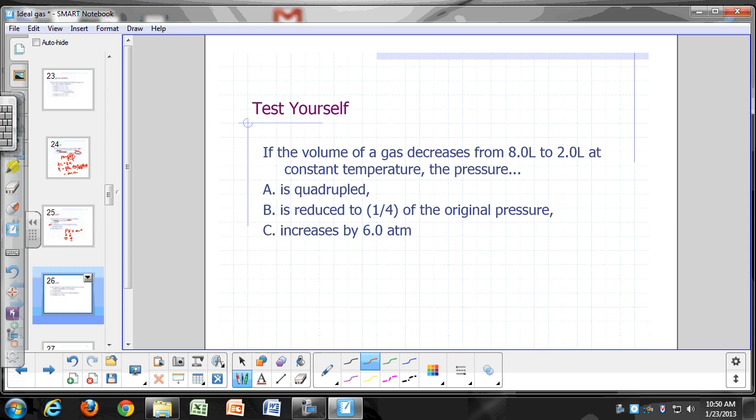How about this one? Volume of a gas decreases from 8 liters to 2 liters at constant temperature. So what will happen to the pressure? From 8 to 2, that's multiplied by 1/4, right? So if your volume shrinks, you expect your pressure to increase.